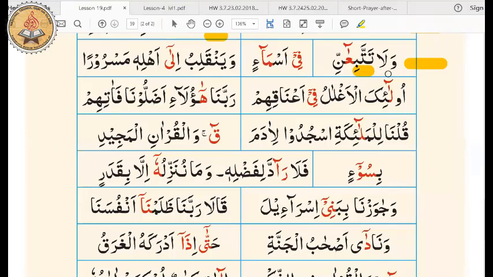Wala tattabi'ani. So over here, it's not T, it's Ta. Okay? It's a fatha. Can you read this one, please? Next one, please.